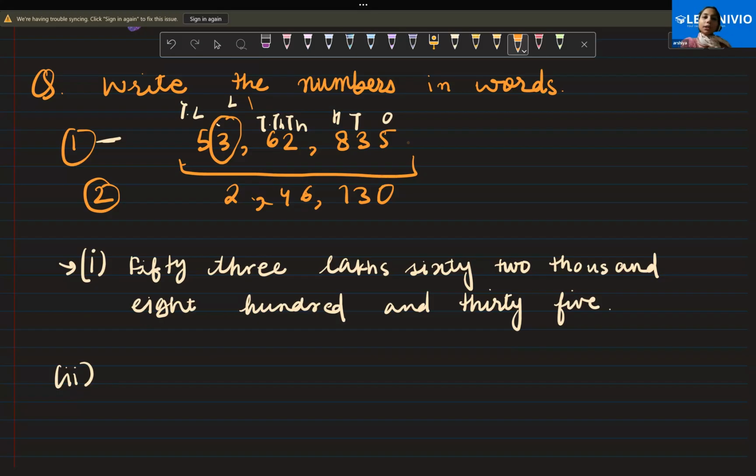Correct. Just one mistake. I've written 46. So it will be 46,000, not 43. Okay, rest everything is correct. So it will be 2,46,000. You can write it down with me.